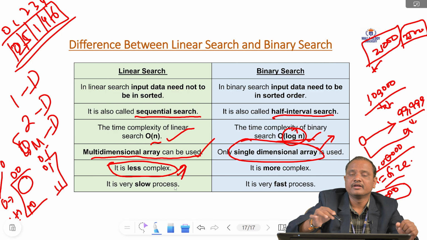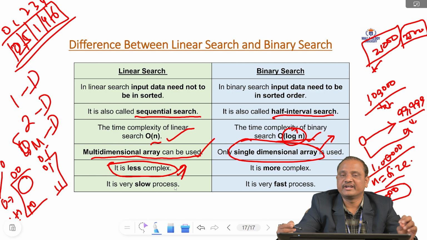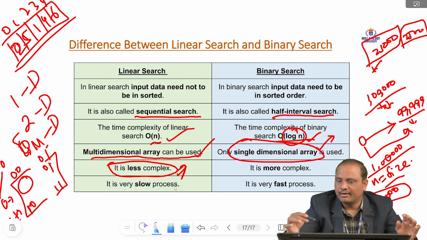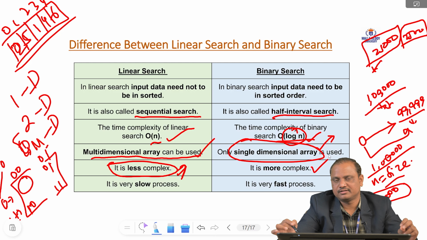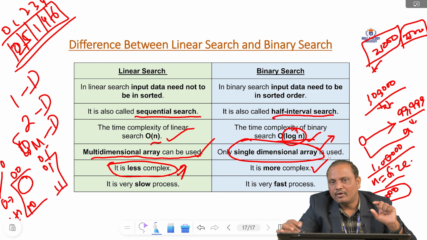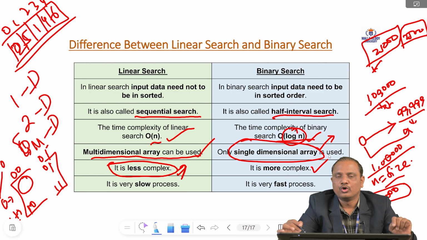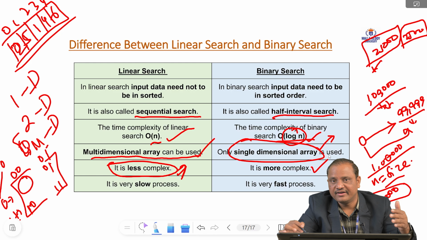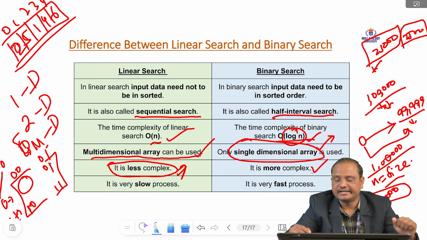That's why it is very simple, less complex when compared to binary search. But binary search is more complex. Why? Because every time we have to partition the entire array into 2 subparts, and we have to change either the high value or the low value. That's why we say it is more complex.